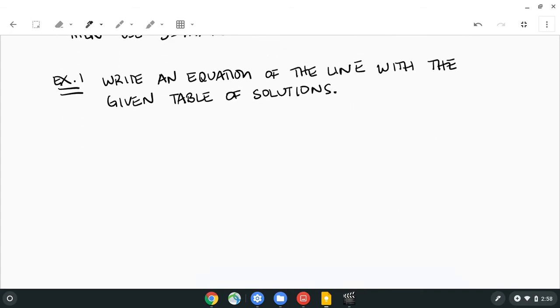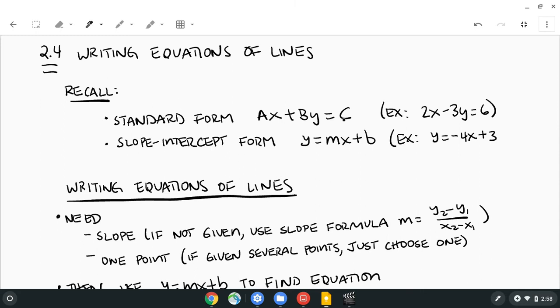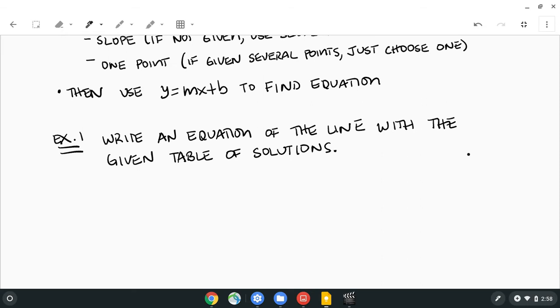We have to write the equation of the line here. If you recall, at the very top, the equation can be written in standard form or in slope-intercept form. So let's do both, that way you can see.